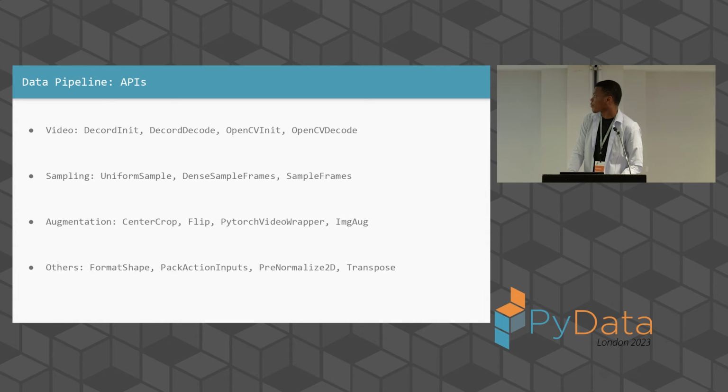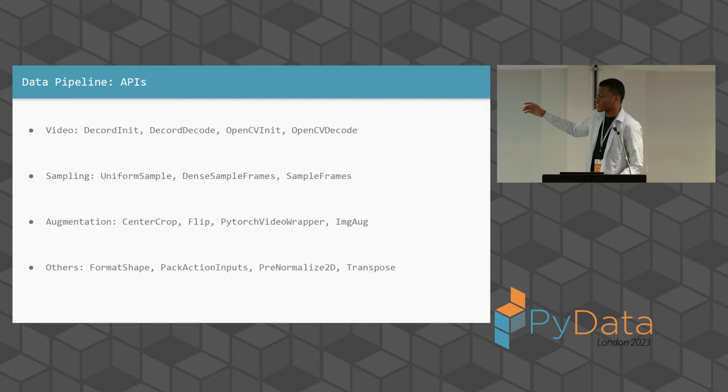So you have other data pipeline APIs. It's not just the decode init. You could also use OpenCV for reading your videos in if you have any reason to want to do that. Then your sampling, there are other types of sampling APIs you could use as needed.